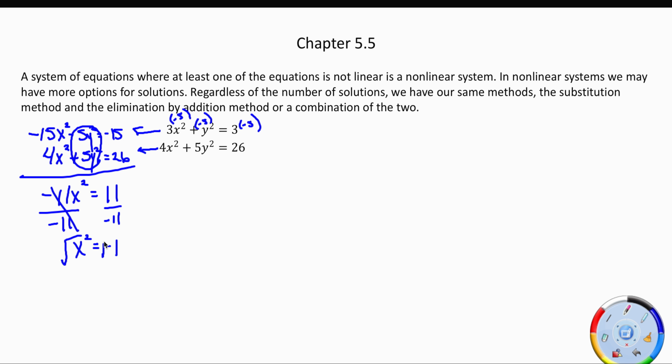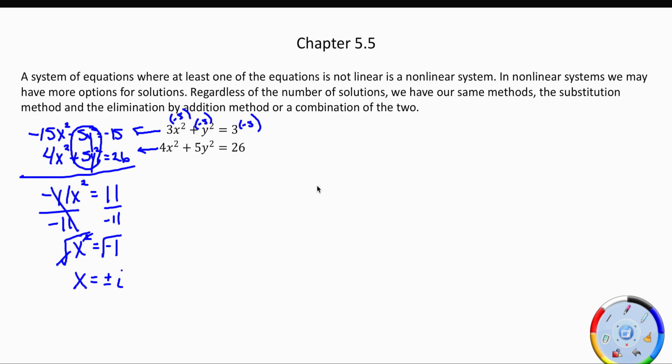Using my square root method, x is, that's right, don't forget your plus or minus i. Now remember, once I have one of the variables, I'm not finished until I have both variables. So I'm just going to plug this into one of the equations.